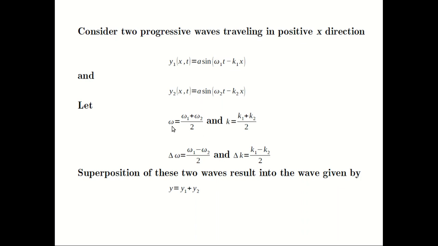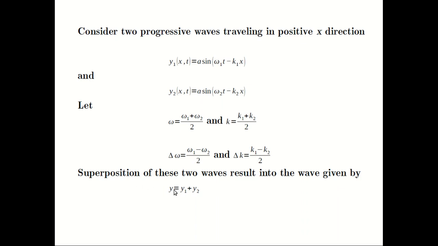Let omega be the average frequency, and k the average propagation constant of these two waves. Let delta omega equal omega 1 minus omega 2 divided by 2, and delta k equal k1 minus k2 divided by 2.